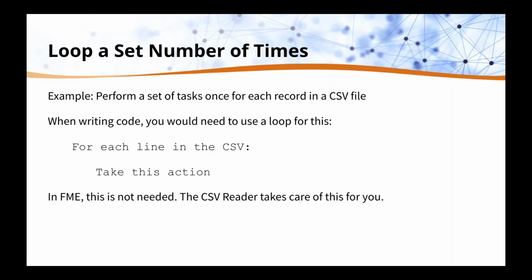When you do this in code, you do need a loop to make it work. In that case, you'd have some kind of a for loop, and for each line in the CSV, you would take some action. But within FME, you don't actually need to think that way. Our readers, and just the way that FME is designed, take care of that for you. So you don't need to loop through things like files in this case. I've got a workspace to help illustrate that.